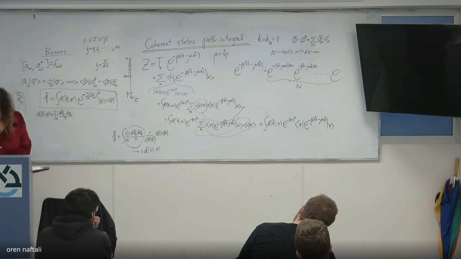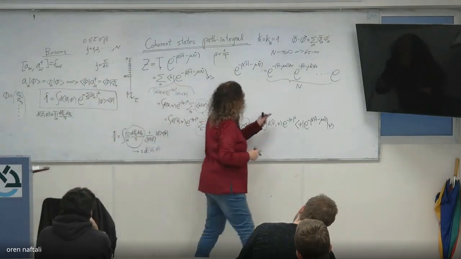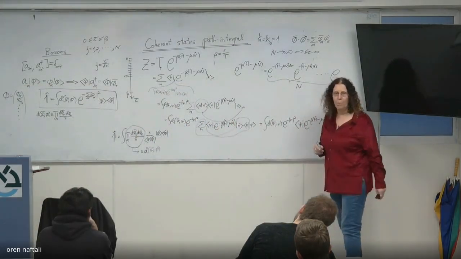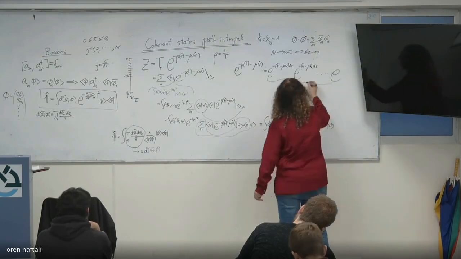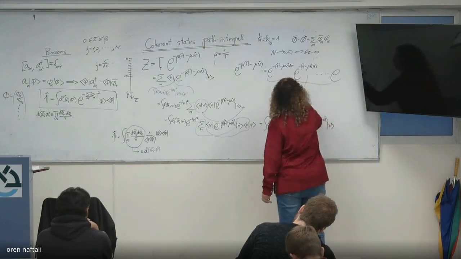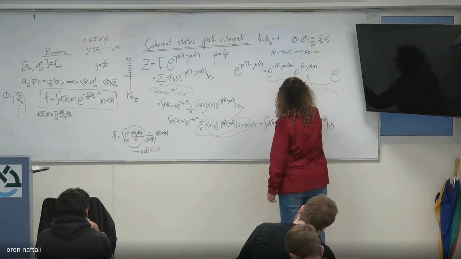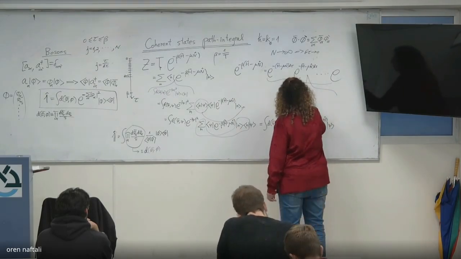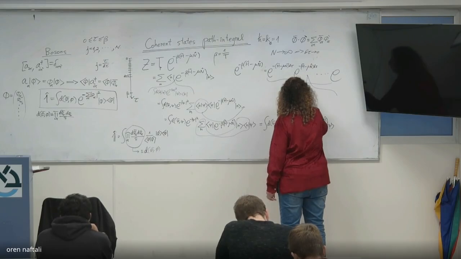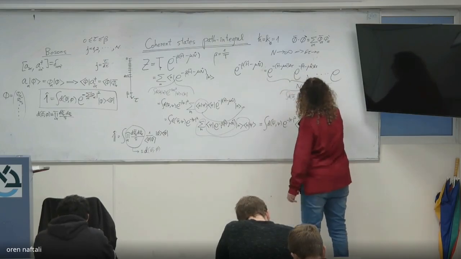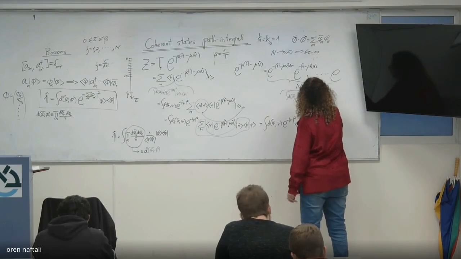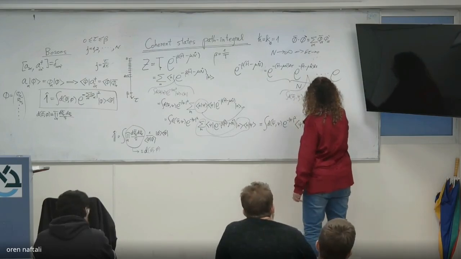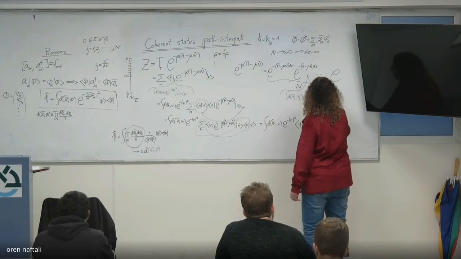So this is exactly what I'm doing. In the jth time step, I'm going to introduce a resolution of identity in the form of an integral over psi j of e to the minus psi j squared, psi j.